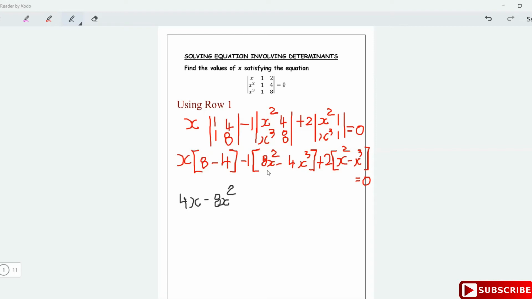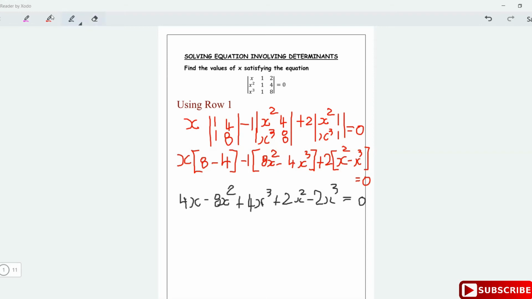Then minus 1 times minus 4x cubed, that's positive 4x cubed. Then 2 times x squared is plus 2x squared. And then 2 times minus x cubed is minus 2x cubed. And this equals 0.